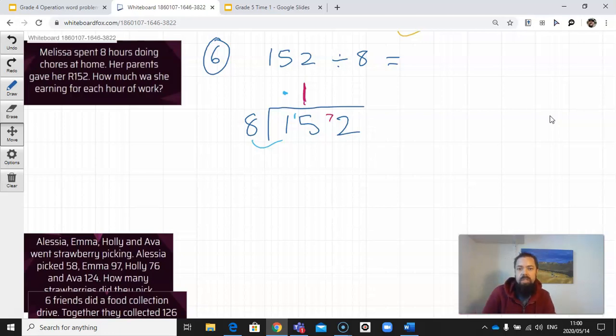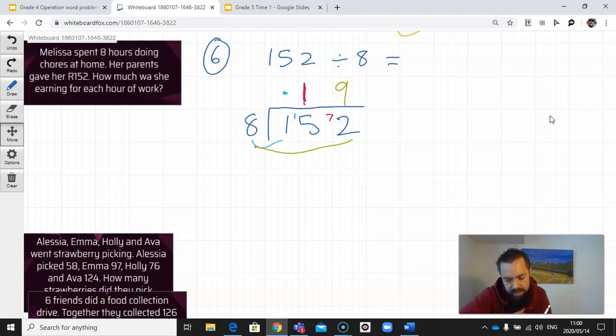Now 8 into 72. This requires you to know your 8 times table. 8, 16, 24, 32, 40, 48, 56, 64, 72. Oh, nice and exact. So that's 9. So there we go.